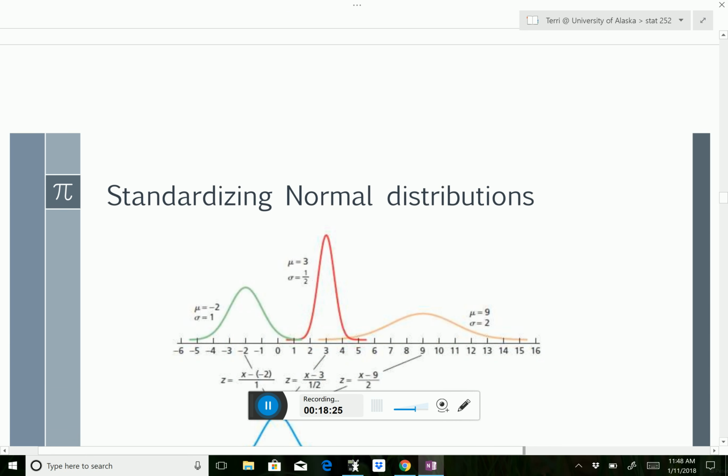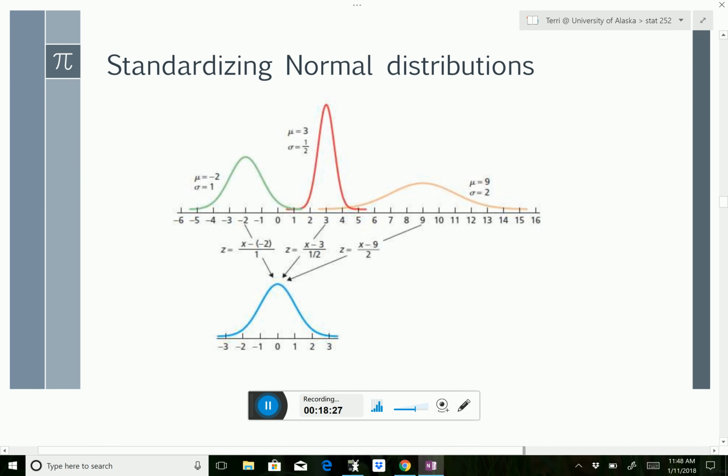So, how do we standardize? Let's look at these 3 distributions we talked about before. And I want you to notice that they all can become this. So if I take every point, so this point -3 minus -2 divided by 1, that's going to correspond to, let's see, -1 over 1 is -1.